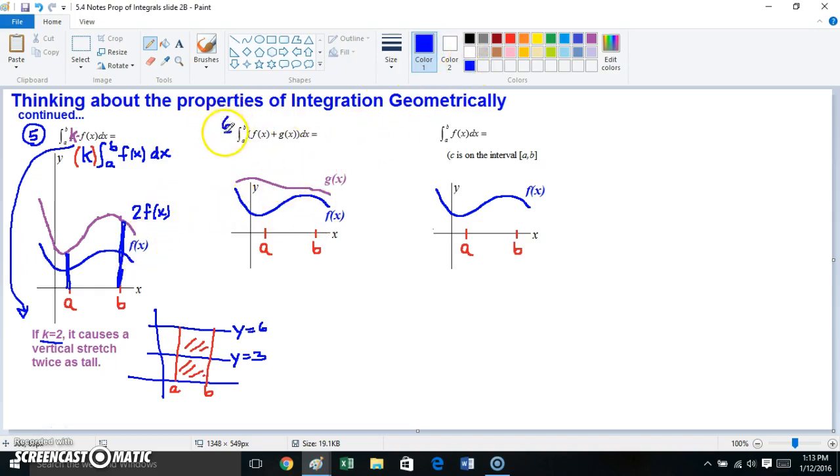All right, number 6. Number 6 is looking at the integral from a to b of the sum of two functions. So I'm definitely going to find the area under the curve between a and b on f of x. But I am also going to find the area under the curve from a to b on g of x.